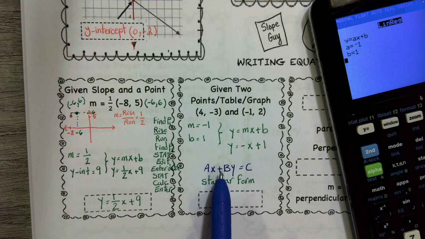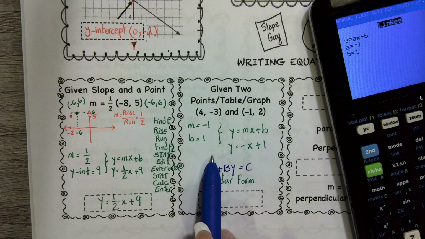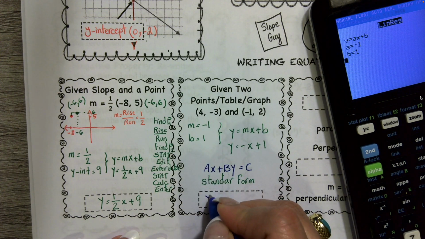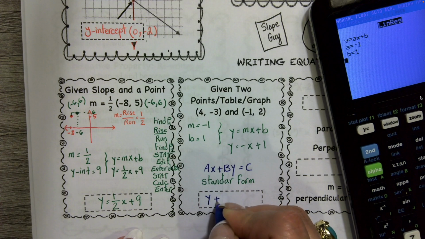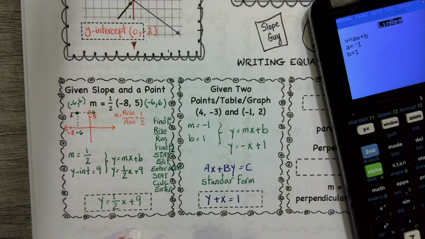The only thing you have to do is put y and x on one side of the equal sign, so move that x over here. Therefore it would be y plus x equals 1. But the standard form always has x first, so you can put x plus y equals 1, which is the same thing, really.